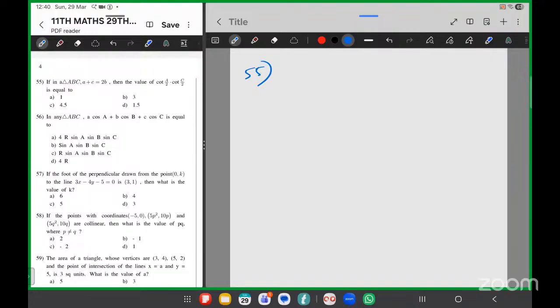Properties of triangles. A plus C equal to 2B means A, B, C are in AP. Cot A by 2, cot C by 2.